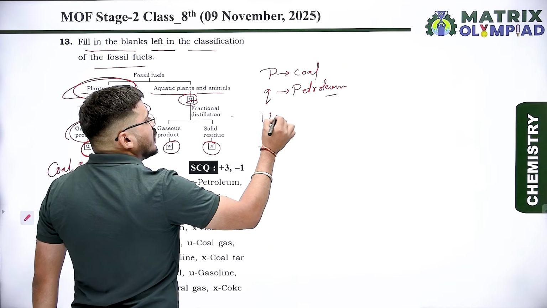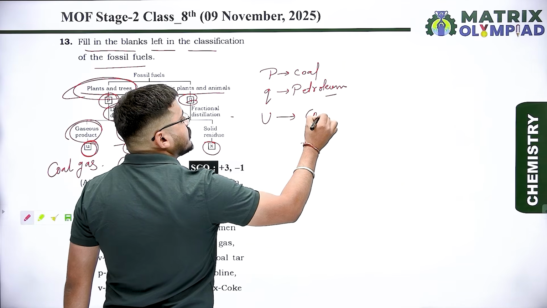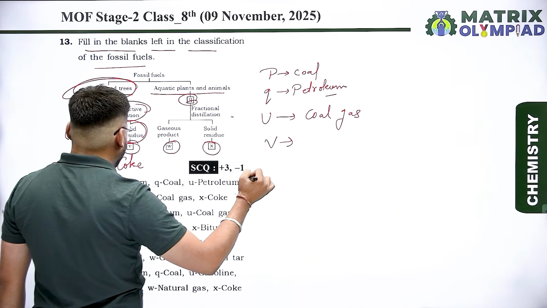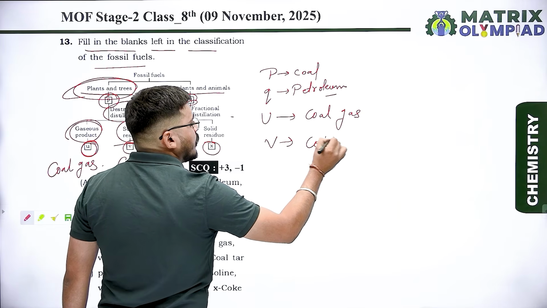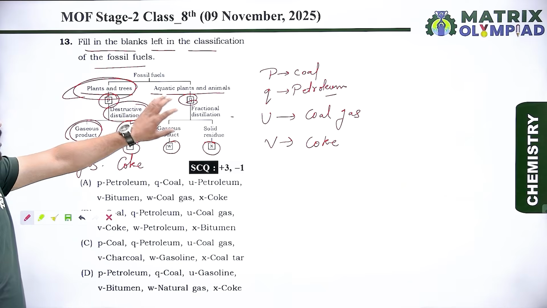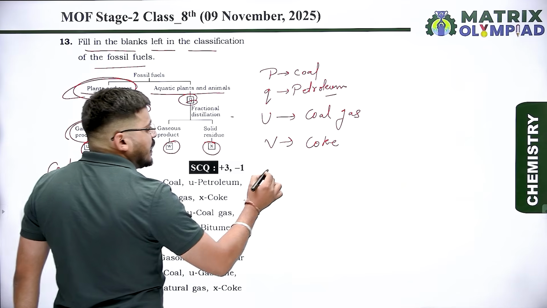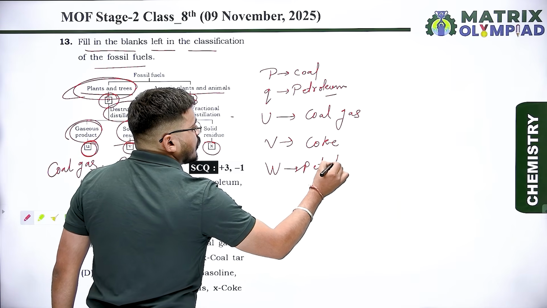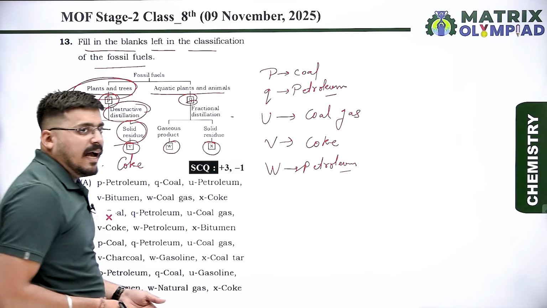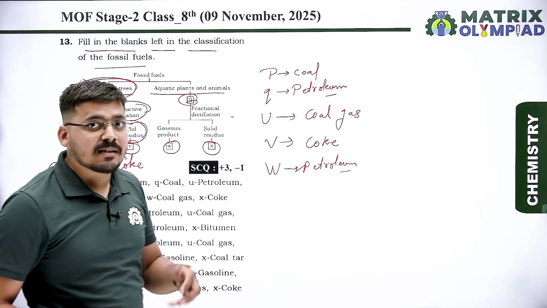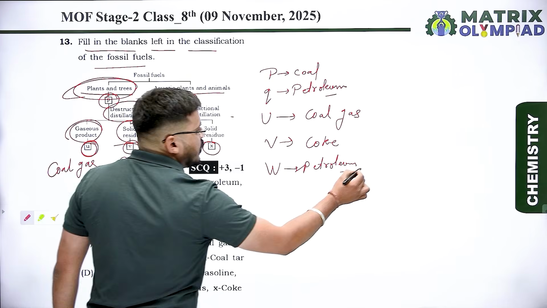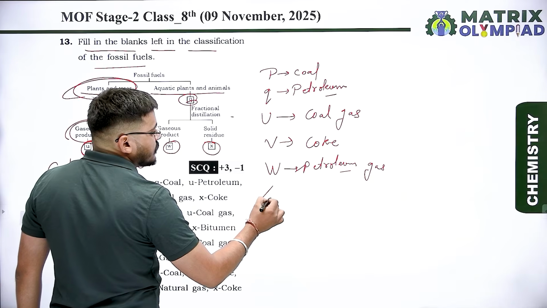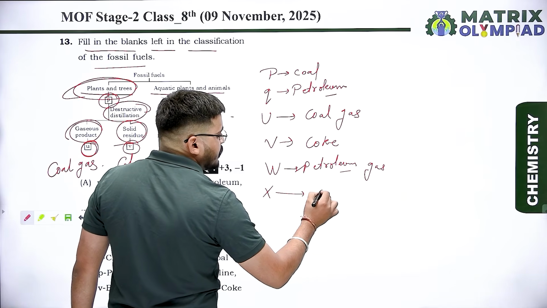So U will be coal gas and V will be the coke. Gaseous product of the petroleum will be petroleum gas, which we use as LPG, liquefied petroleum gas, in our homes. So W will be the petroleum gas. Solid residue X is bitumen.